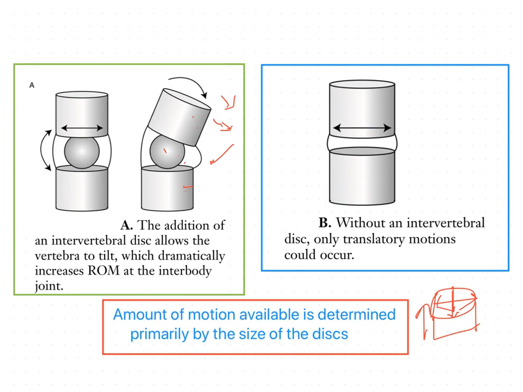If the horizontal transverse diameter and the AP diameter are greater than the height of the disc, then the motion of that vertebral segment is more restricted.